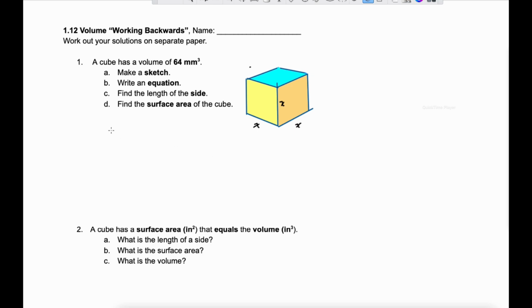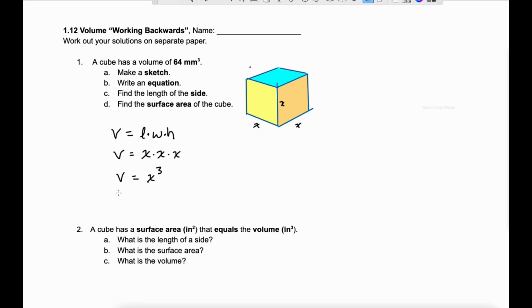The volume of a prism is length times width times height, right? But this is a cube, so our volume is just x times x times x. So volume equals x cubed. That is our volume equation for a cube.